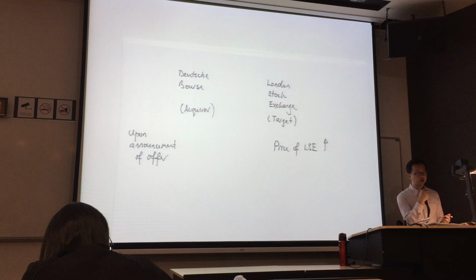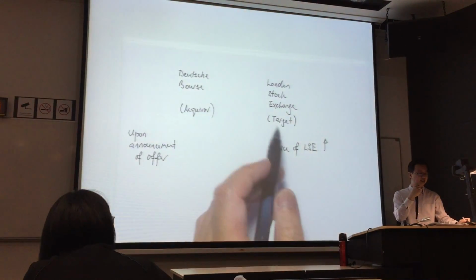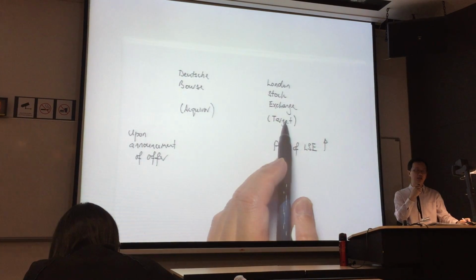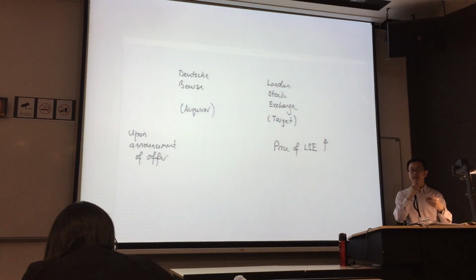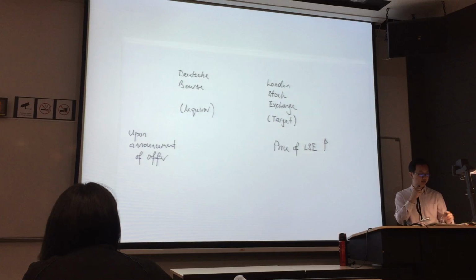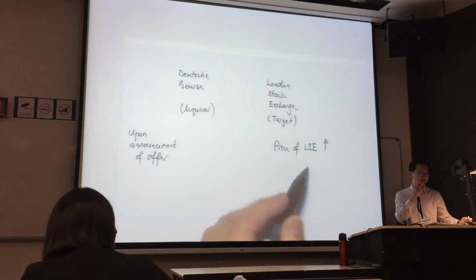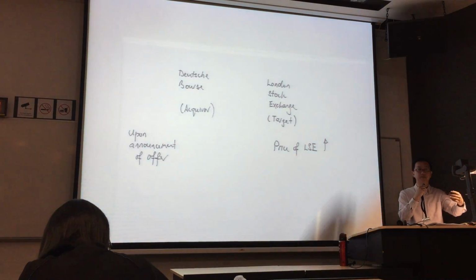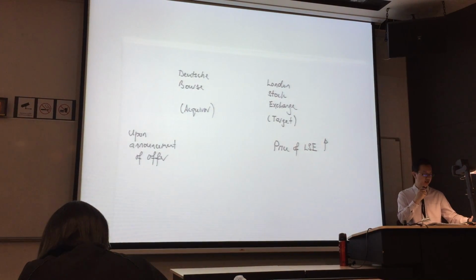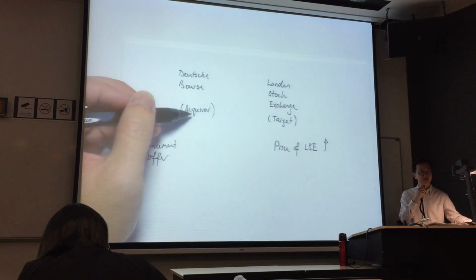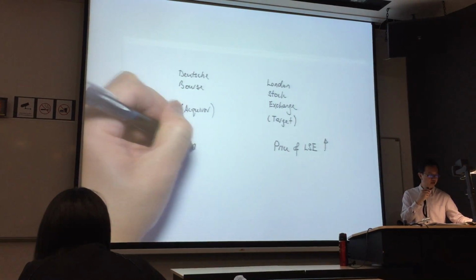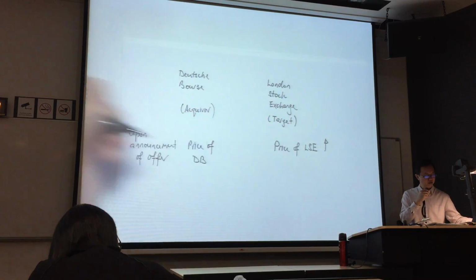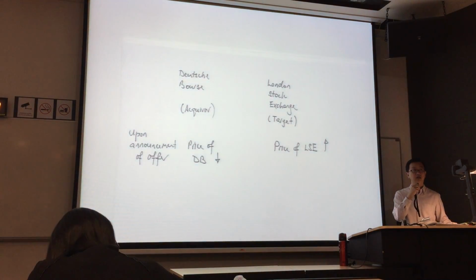This is typically the case because for an acquirer to acquire a significant stake in the company so that they gain control, they will have to pay a premium to the market price of the target firm. That's why, upon the announcement of the offer by Deutsche Börse, the LSE share price has moved up a lot. And because the acquirer has to pay a premium, the typical behavior is that the price of Deutsche Börse will go down.